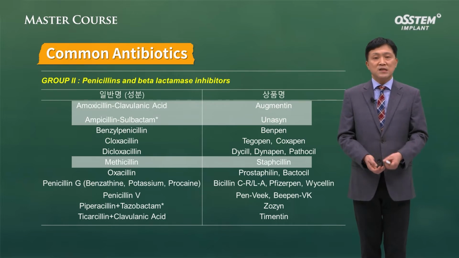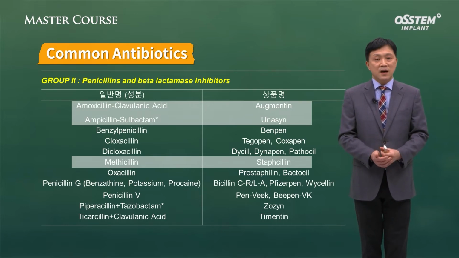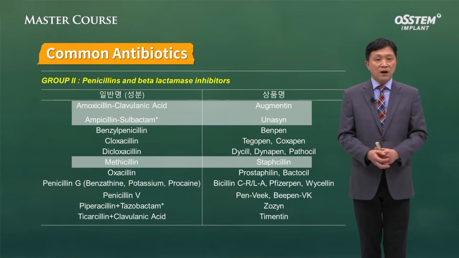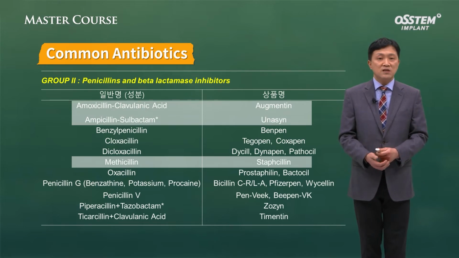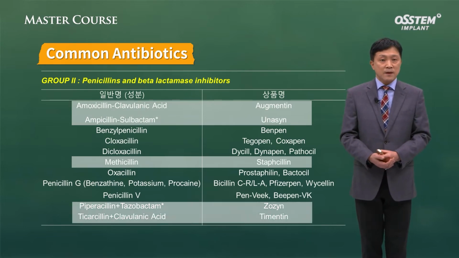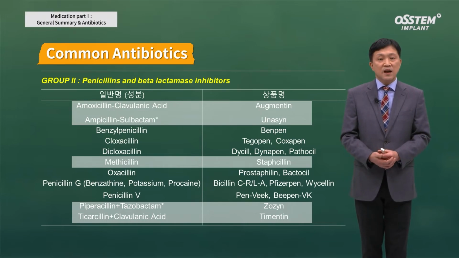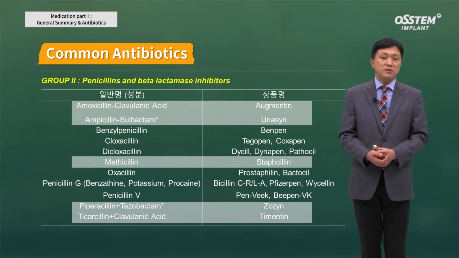Methicillin is important, which is not used quite often, as in MRSA, methicillin-resistant Staphylococcus aureus is the standard for antibiotics resistance. Piperacillin plus tazobactam, ticarcillin plus clavulanic acid. These are used but for severe infections.